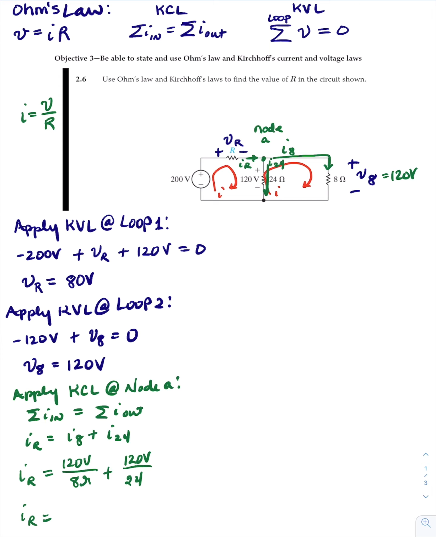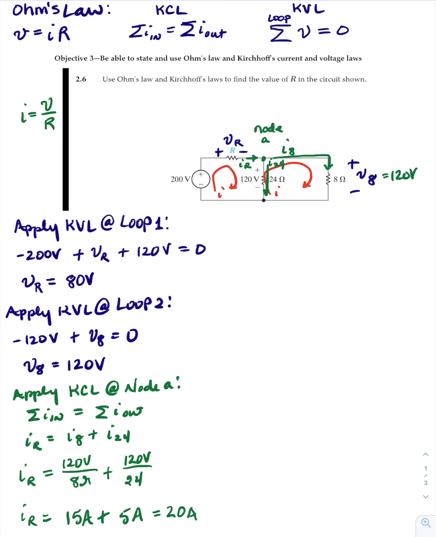So we have 120 divided by 8, and that's 15 amps. 120 divided by 24 is 5 amps. So I sub R is equal to 20 amps.